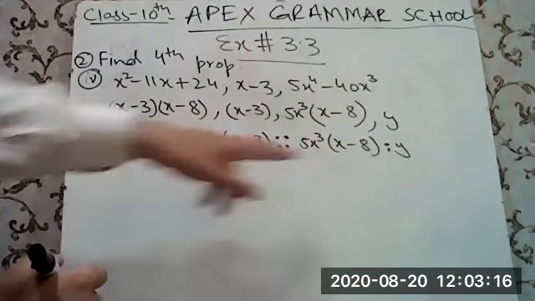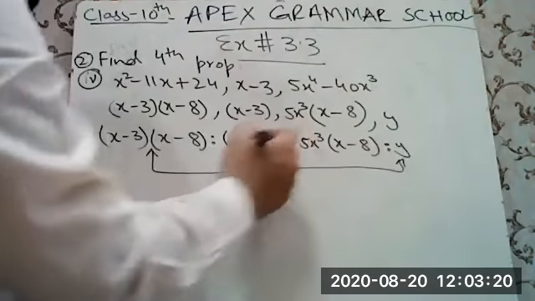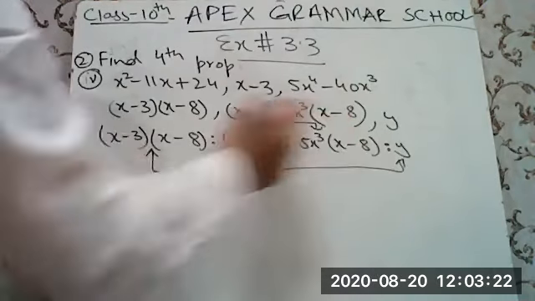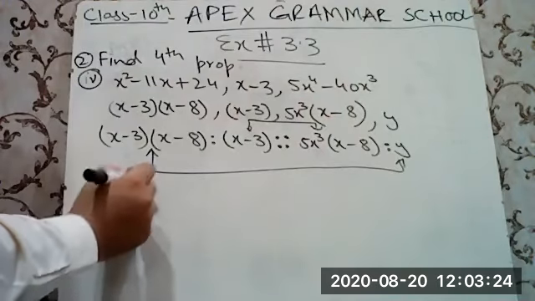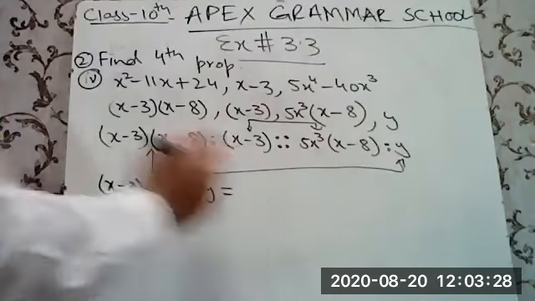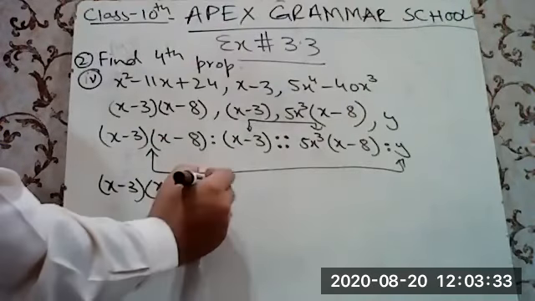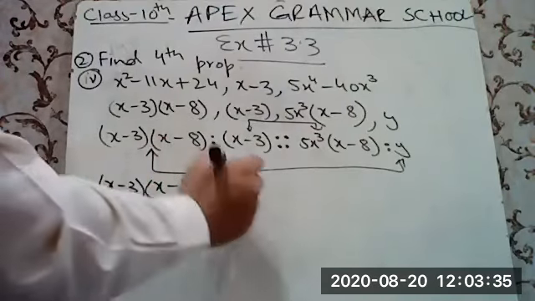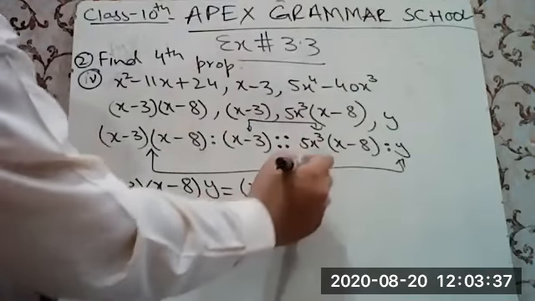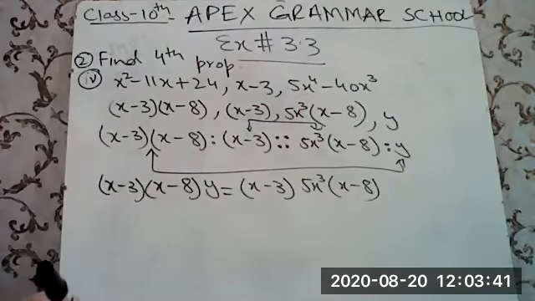Now these are extremes and these are means. That is, x minus 3 into x minus 8 into y is equal to x minus 3, 5x cube into x minus 8. Now you can easily find the value of y from here.